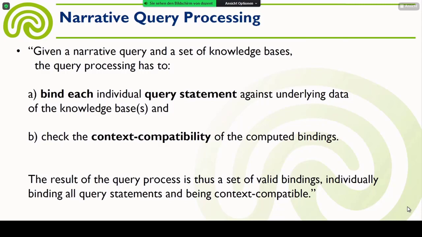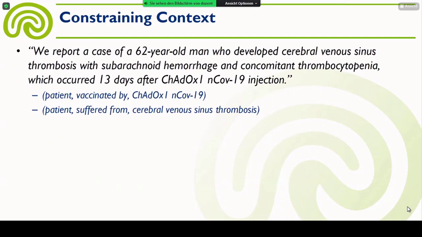And why are contexts so essential? Let me give you a few examples. In this case, we might have a biomedical publication, and the publication might state a sentence like, we report a case of a 62-year-old man and so on who developed CVST after being vaccinated with AstraZeneca. If we now do our NLP stuff and extract statements like, okay, we have seen a patient who was vaccinated by AstraZeneca and the patient suffered from CVST, we lose all information about the context, about the important conditions which make the statement valid.